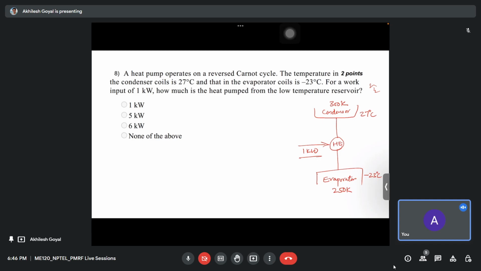We have already seen the coefficient of performance. So what is the coefficient of performance?